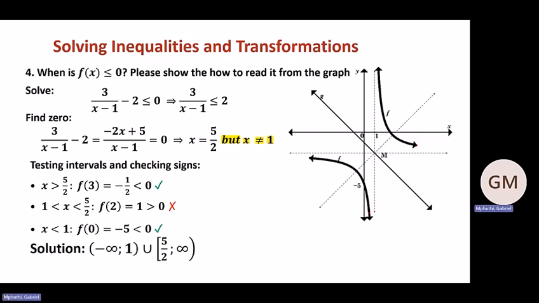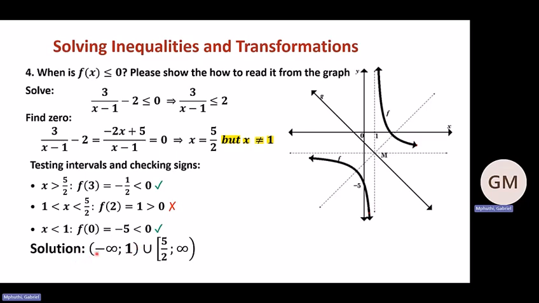Now, therefore, our values are all the values from 1, excluding 1, down to the negative values of x, and all the values that are greater than or equal to 5/2. Now look at the brackets.